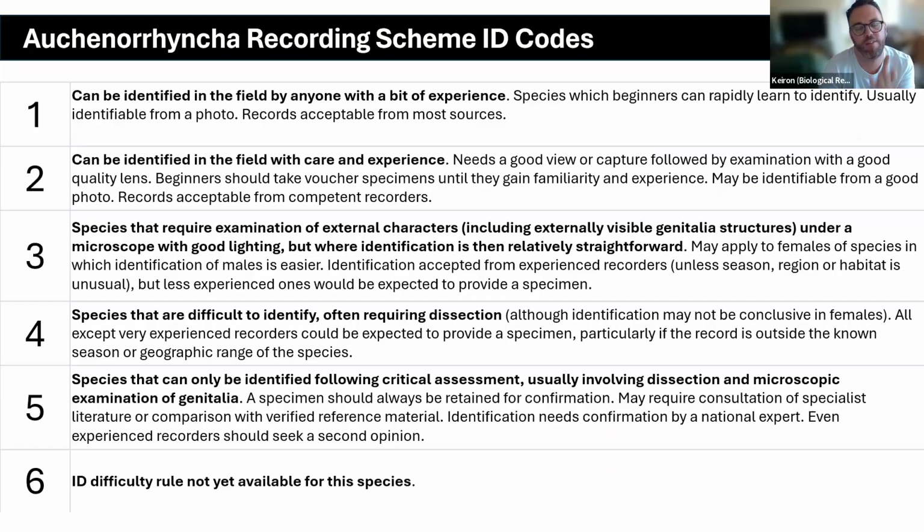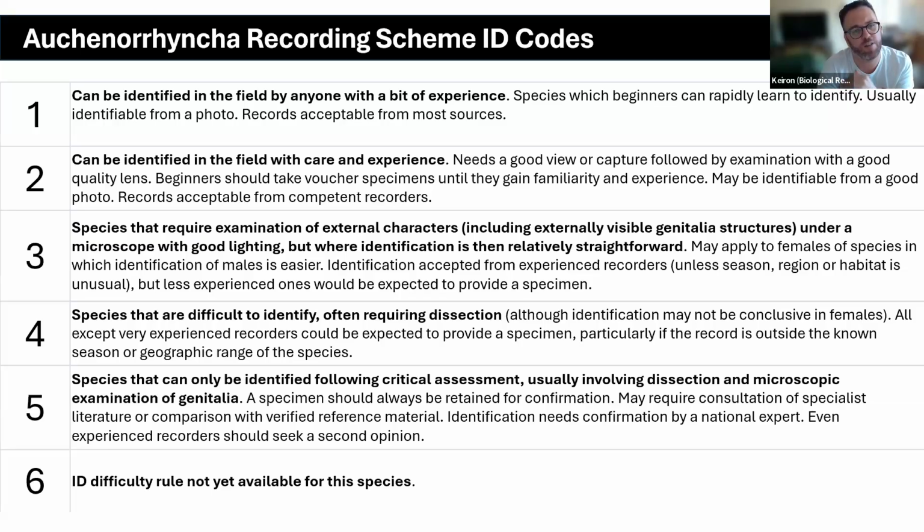And we can see here in this example, 1 means anybody in the field with a bit of experience could ID these organisms. 2, you can identify it in the field, but you do need a bit of care. You need to look at things maybe a bit closer, and some experience would be good. 3, you're going to need careful examination of external characters with a microscope and good lighting.